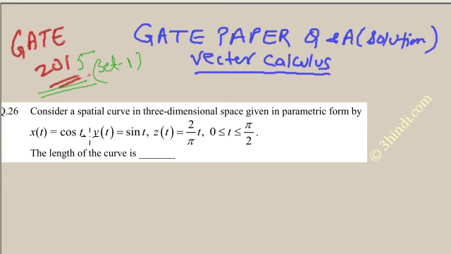This is the question of GATE 2015. So x is a parametric function of t, y is a parametric function of t, and z is also a parametric function of t.